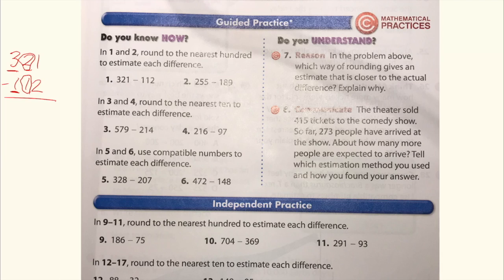We're going to use the circled number to check for the rounding rule. 2 is 4 and below, so the 3 stays the same, and all numbers after it become 0. 1, which is circled, is 4 and below, so the 1 remains the same, and all numbers after it become 0. 300 minus 100 is 200. 321 minus 112 is approximately 200.